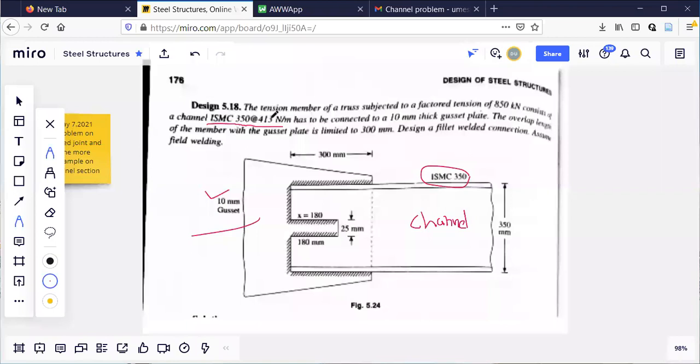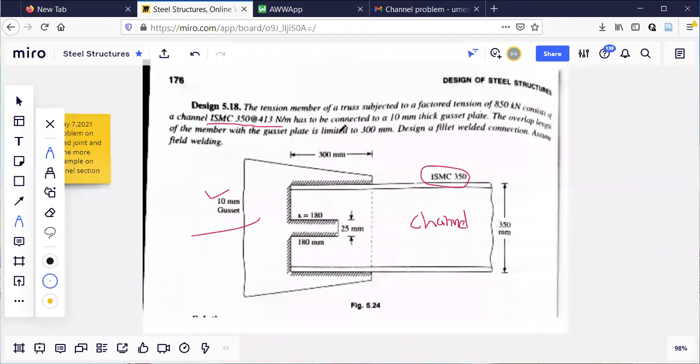You will get all the properties of this particular channel section: thickness of the flange, thickness of the web, moment of inertia, centroid, everything is available if you refer to the steel table corresponding to this designation of ISMC 350. That I will tell you immediately, how to refer to that.